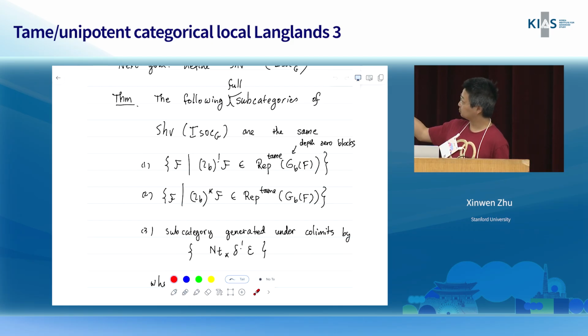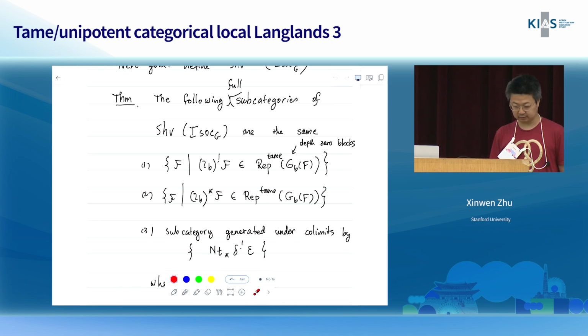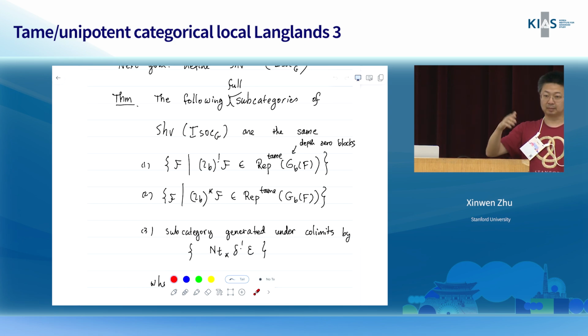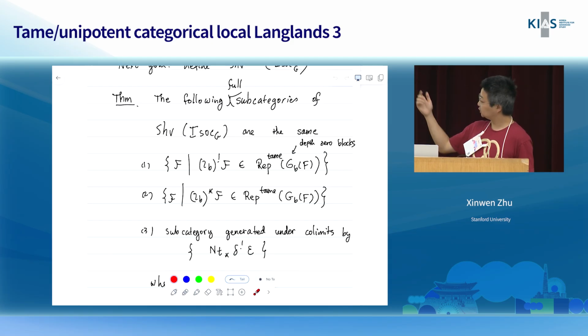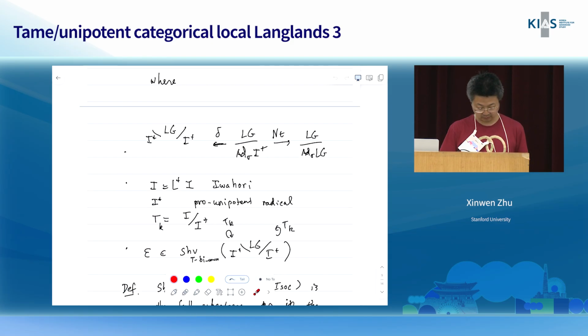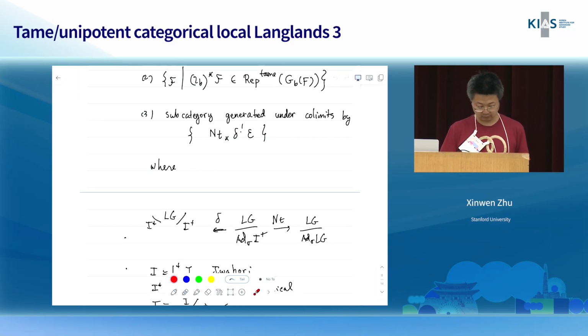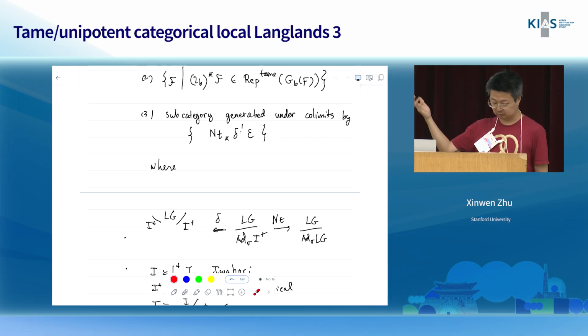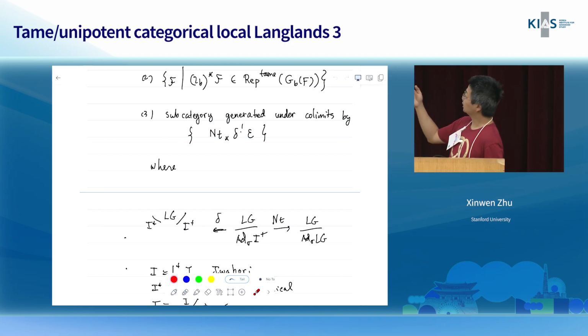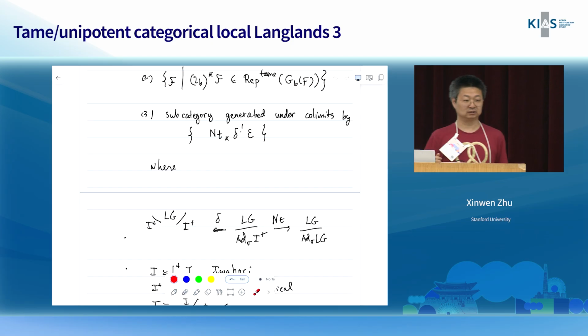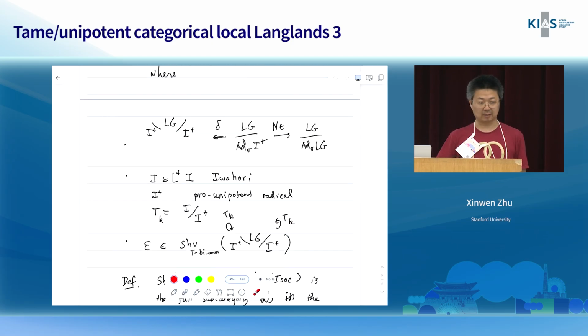The third one, the whole point is to understand the third category, those generated by pull-push. These are some complex objects. For arbitrary E, the strategy was to do a bunch of reductions to understand some particular E, not the arbitrary one.